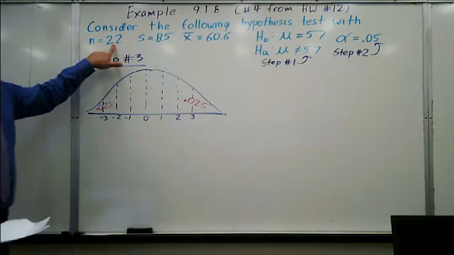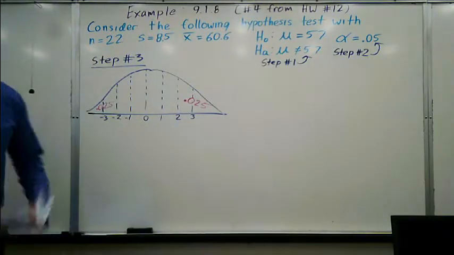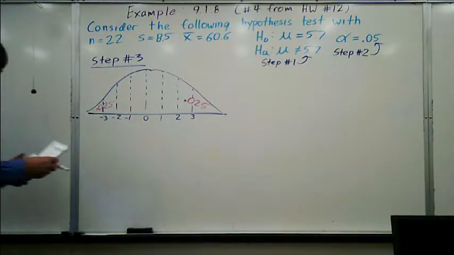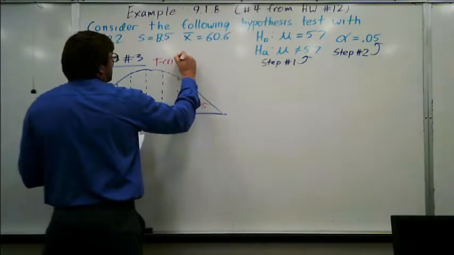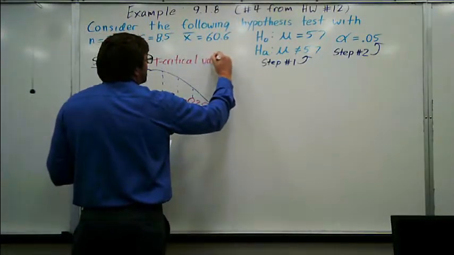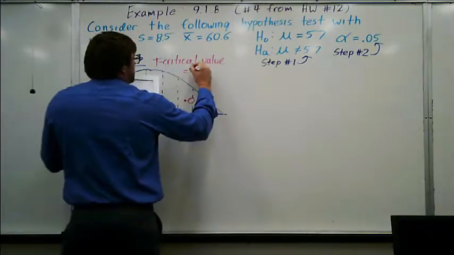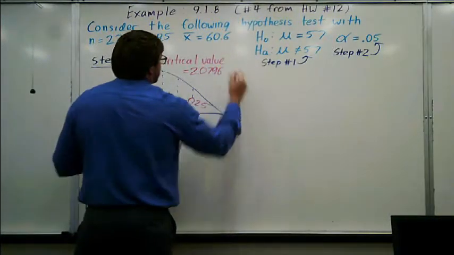Your sample size is 22, so your degrees of freedom is 21, and then you just look it up based on confidence level, 95%, because 1 minus 0.05 would be 95%, and you go down to the 21, and you end up with t-critical values of, what was it? 2.0796.